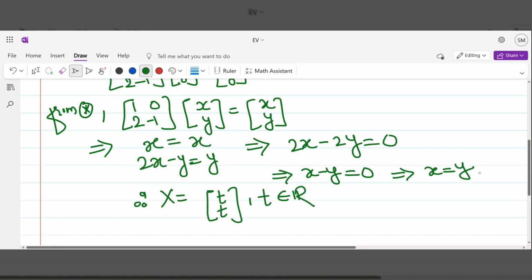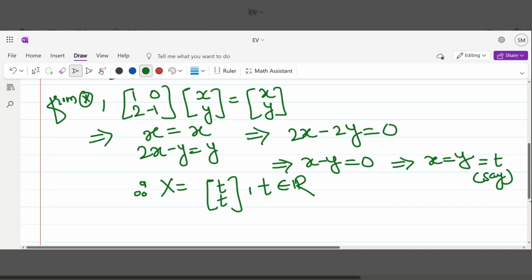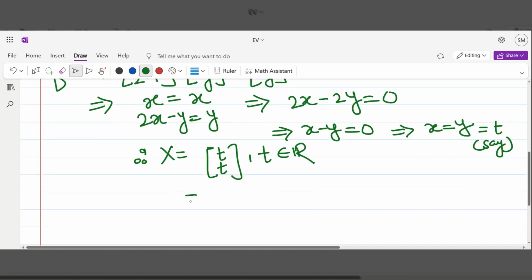Here you assume y is the free variable t, so y is equal to t, and x is also t. The above vector can be written as t times 1 1, where t is any real number.